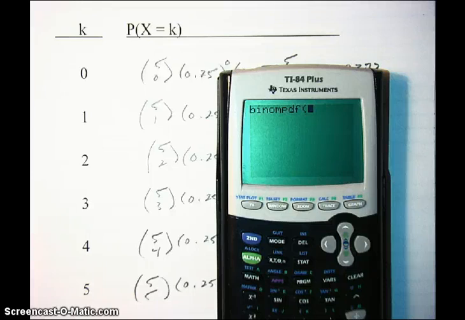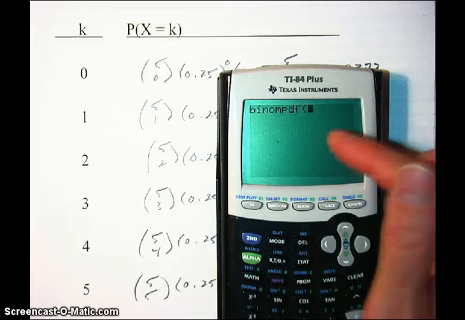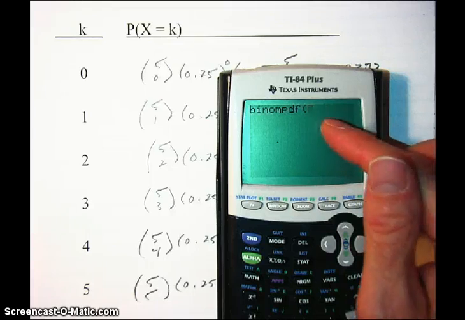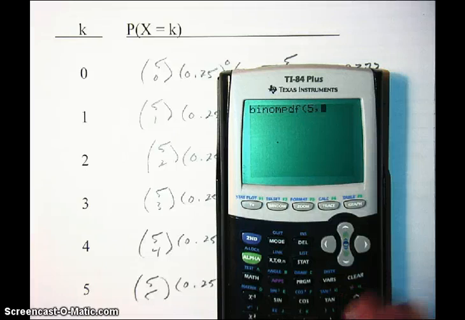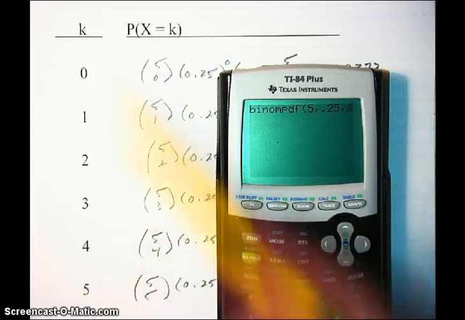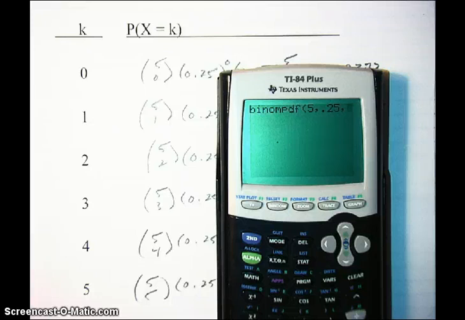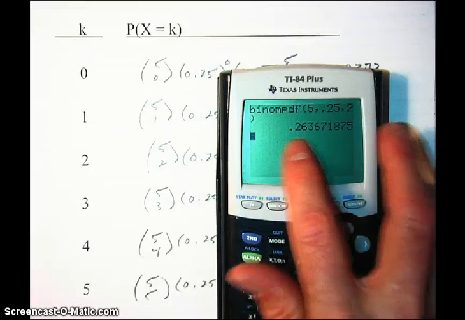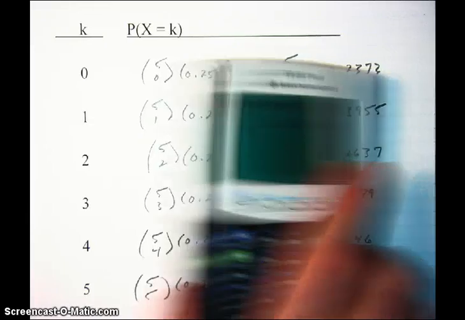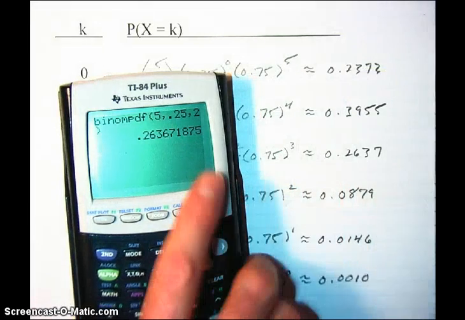But you're going to select binomialpdf, and then the syntax here is to put in the number of trials, in this case it's 5, the probability of success, in this case it's 0.25, and then the number of successes you're interested in in your 5 trials. For instance, if we look at 2 successes, there it is, 0.2637, which is what we got when we did it by hand.